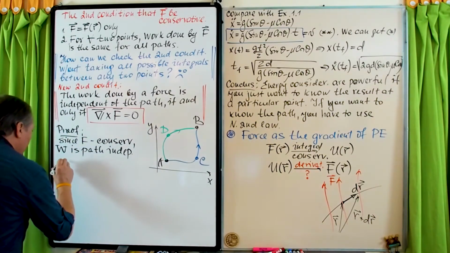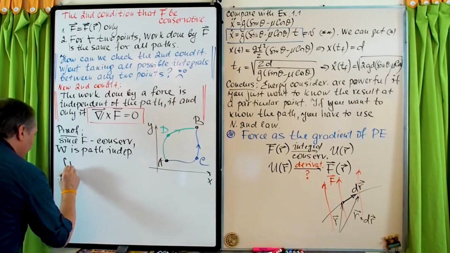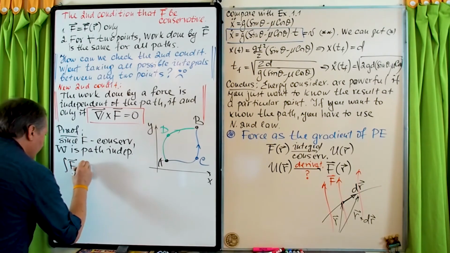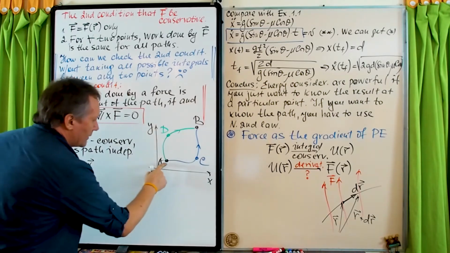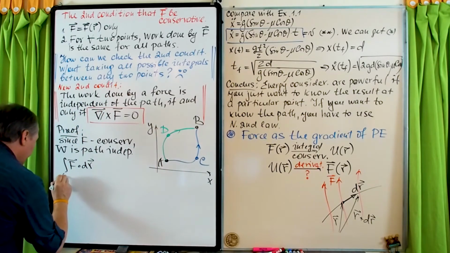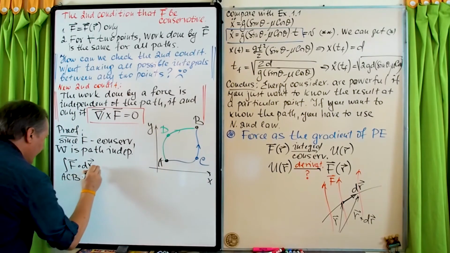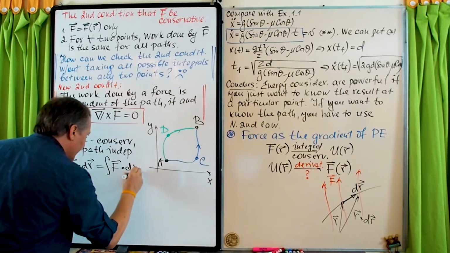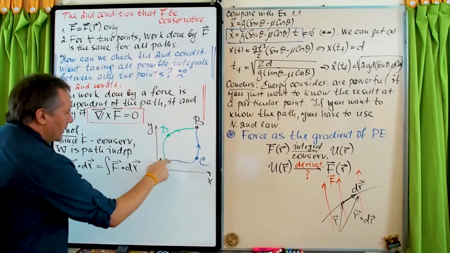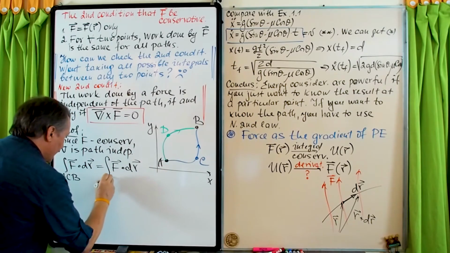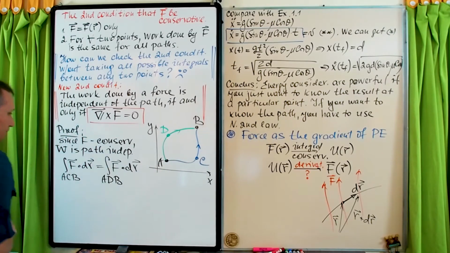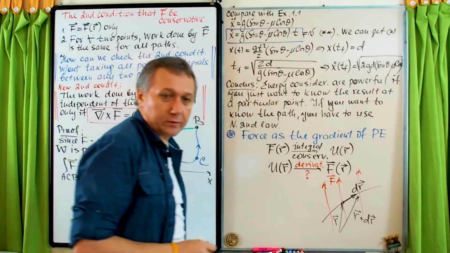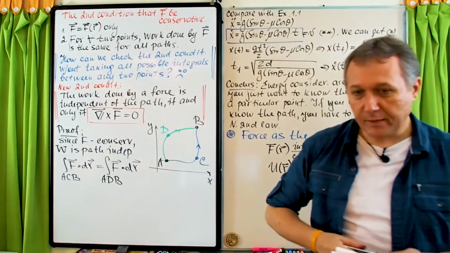So the integral of F dot dr over the path ACB equals the work done by that force over the path ADB. Work is the same, path independent.